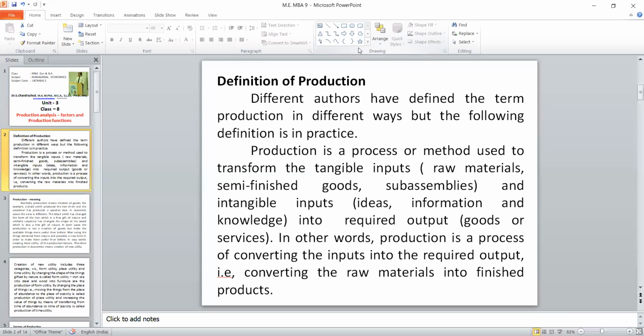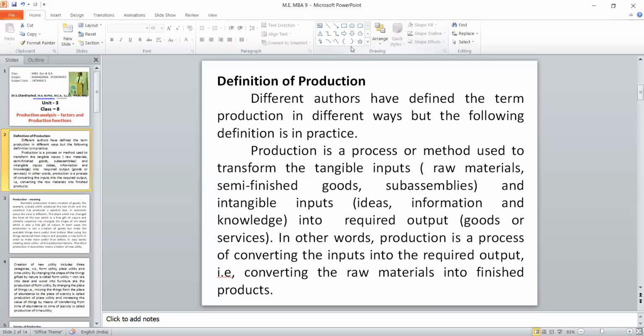For your sake, I'm just reading that particular definition. Production is a process or method used to transform tangible inputs and intangible inputs. What are the tangible inputs? It may be raw material, semi-finished, or assembled products.